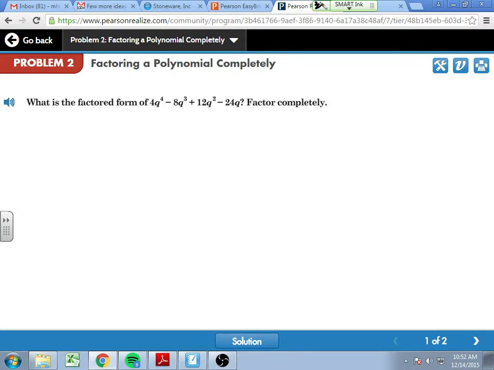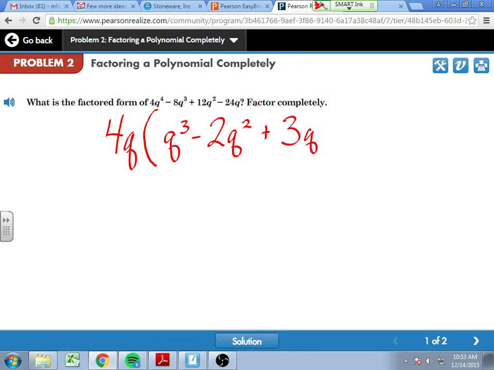So you were right, we could group it, but we could more easily factor it, then group it. So if we factor out a 4Q from each of these, we get 4Q, then Q cubed minus 2Q squared plus 3Q minus 6.